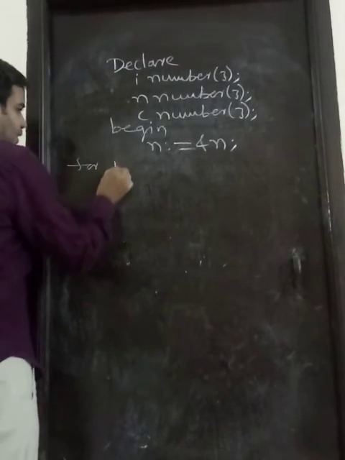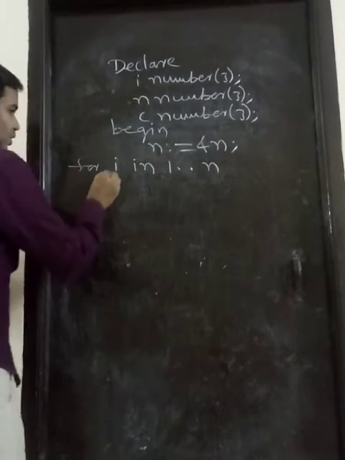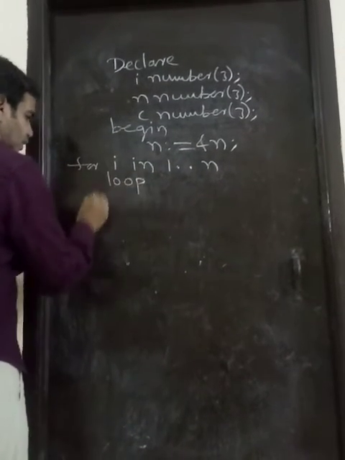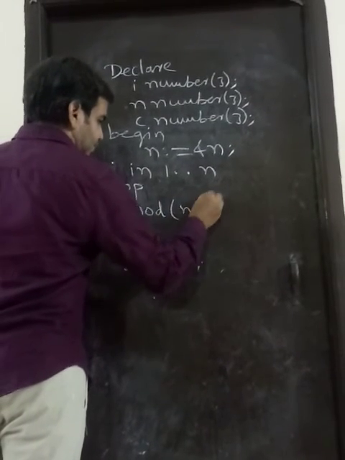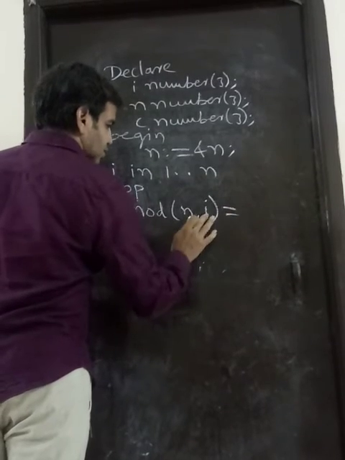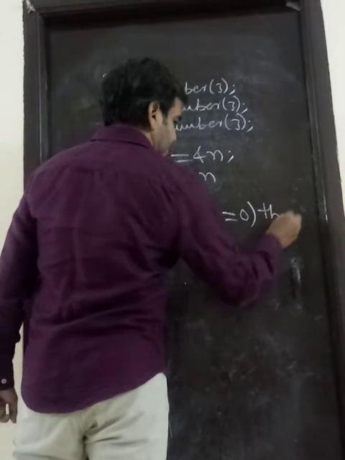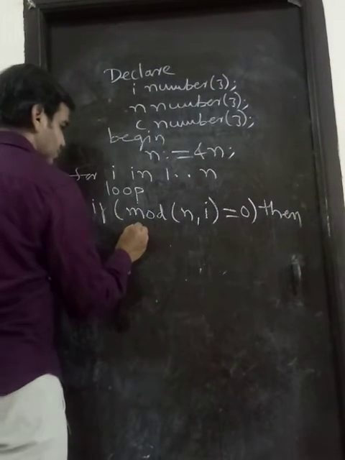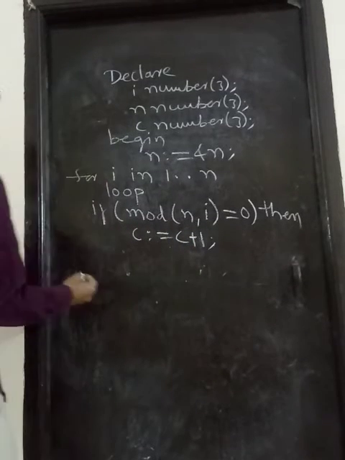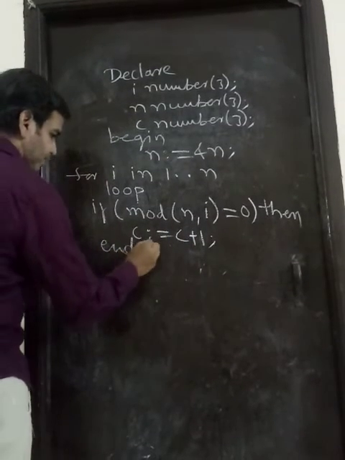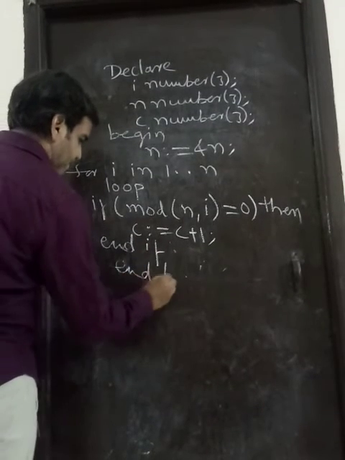For I in 1 dot dot n loop, if mod of n comma I is equal to 0, then c is equal to c plus 1. So the if is there, end if, and the loop is there, end loop.